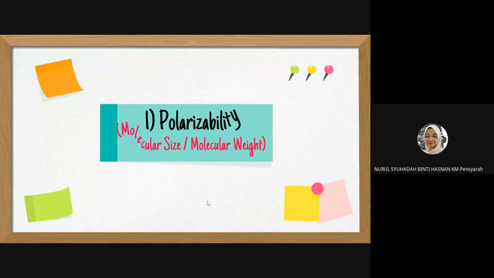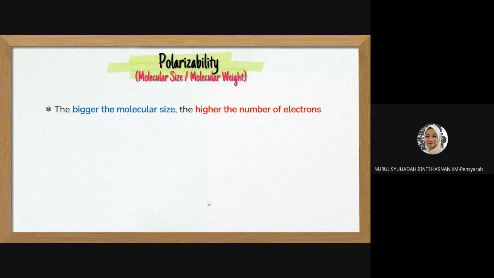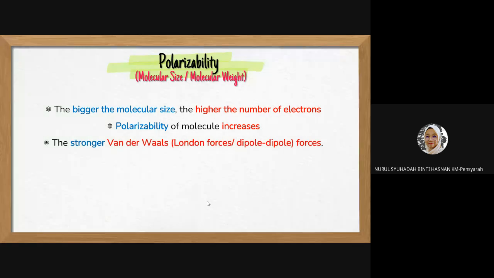The first one is polarizability, which is, to be specific, adalah untuk molecular size ataupun molecular weight. Okay. So dekat sini apa yang kita akan bincangkan, kita akan kata, the bigger the molecular size, the higher the number of electron and the polarizability of the molecule will increase. So the stronger the van der Waals forces ataupun dipole forces dekat sini.